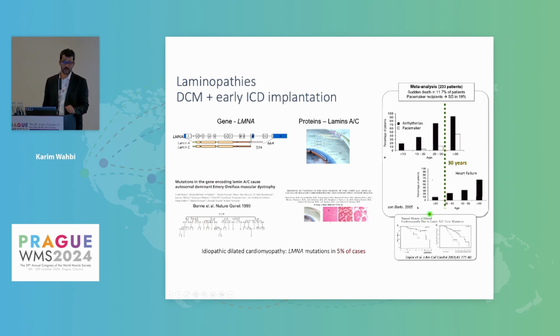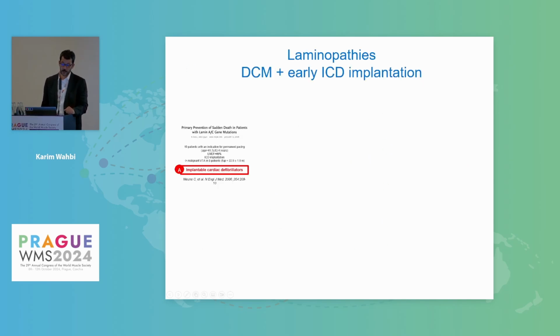And this is a very arrhythmogenic condition with arrhythmic events occurring really early in the course of the disease, often when patients have a normal cardiac echo, normal echocardiogram, and sometimes normal cardiac MRI. So arrhythmic events occur really early, so it's very important to discuss the indication of an ICD early in the course of the disease.